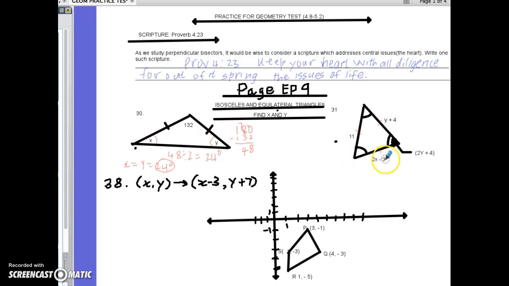We could say 2x minus 3 equals y plus 4. That's not going to work with that. Let me come back over here. We could say 2x minus 3 equals y plus 4.